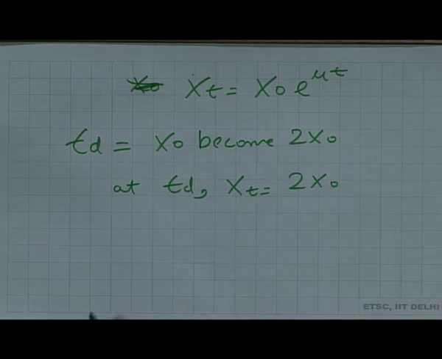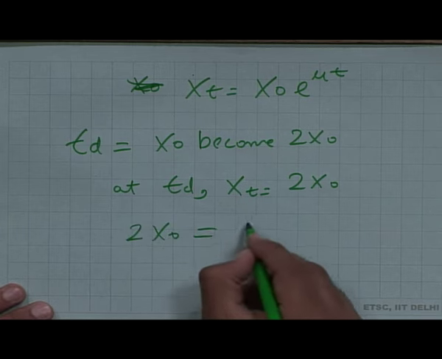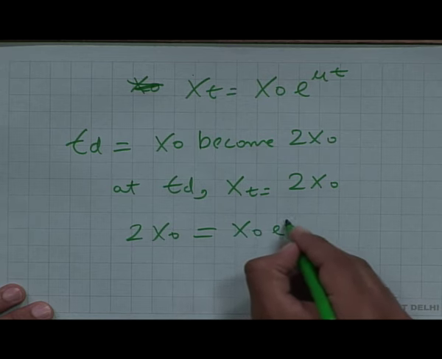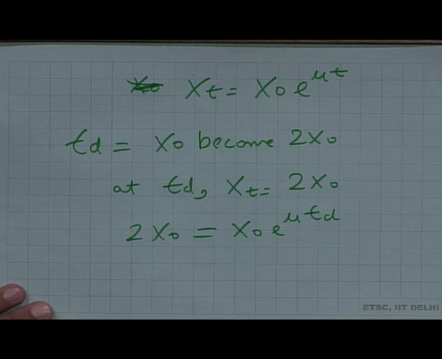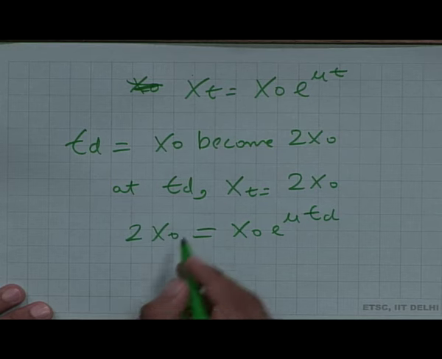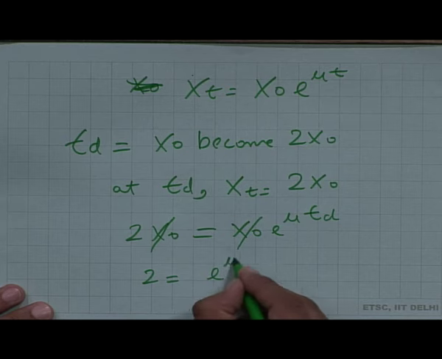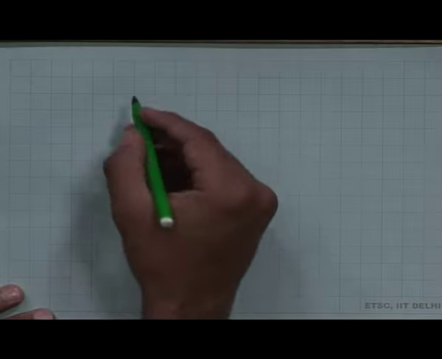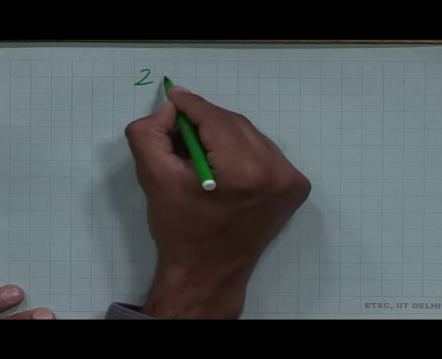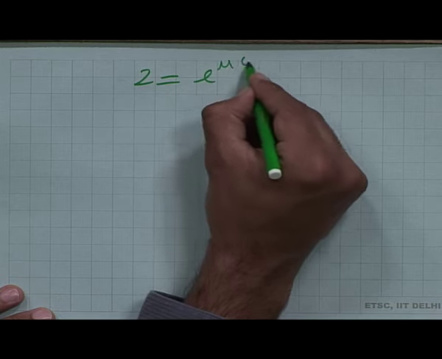So, let me replace it over here: 2 x 0 equal to x 0 e to the power mu t d. That means I can cancel x 0, and then I have 2 equal to e to the power mu t d.